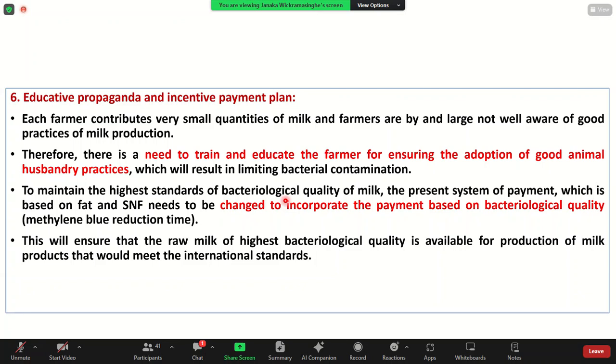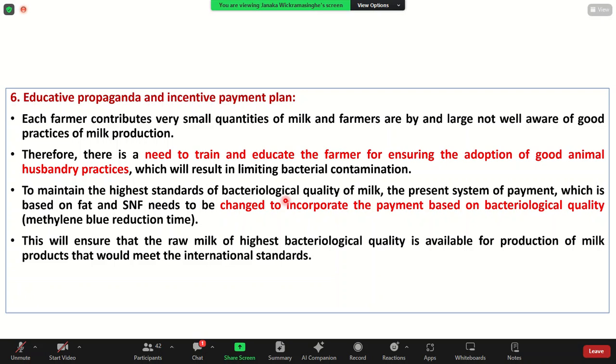And we can do some work just to educate the farms. So we can do several visits to the farms, and we can inform them, make them aware, or educate them about what they should do to produce clean milk. They should adopt good animal husbandry practices, just to limit any kind of hazardous contamination, particularly microorganisms or bacteria contamination, right?